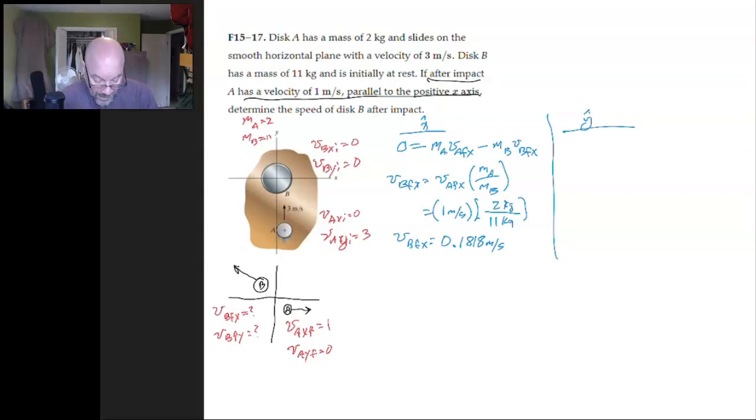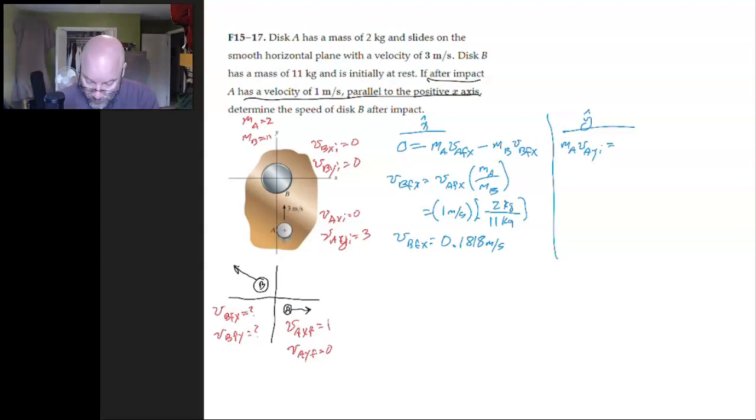Now, in terms of Y, for B, it's 0. There's no momentum there, but we do have momentum for A. So we'll do that. So MA VAY initial. And then A afterwards, A has no vertical momentum. Only B has vertical momentum.